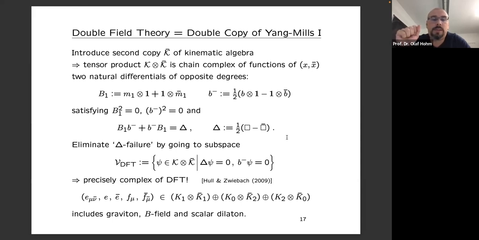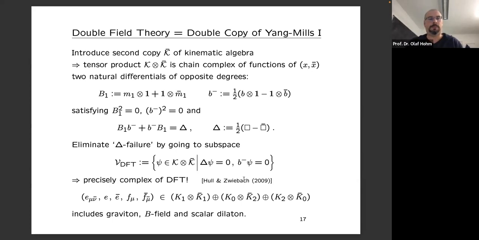But what we want is a real field theory, and a real field theory needs a proper L infinity algebra. And we can solve this by going on to a suitable subspace, which eliminates the delta failure. So here I consider the subspace of K tensor K bar, where all objects are killed by delta, this operator here, and by B minus, the operator here.